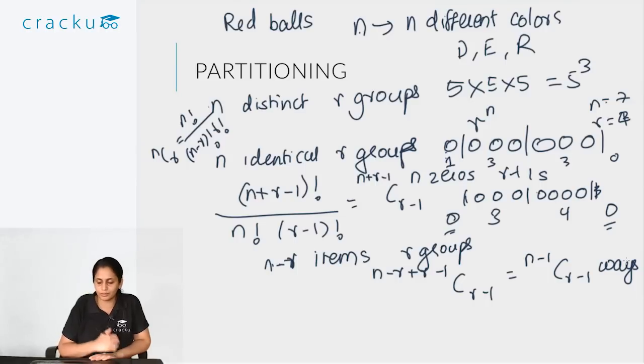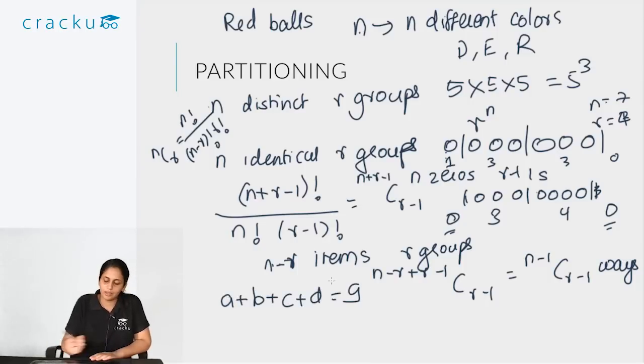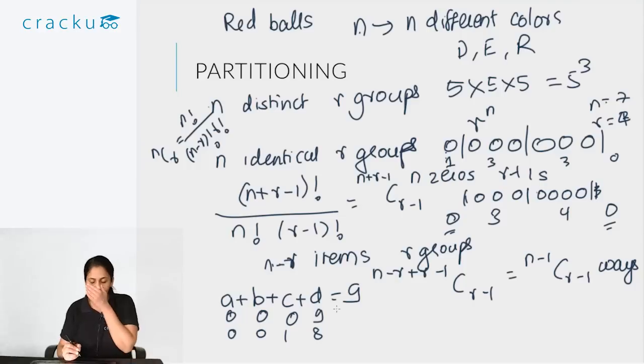The same fundamental can be used for the number of integral solutions. So suppose you have an equation like this, a plus b plus c plus d is equal to 9. Now how do I find the number of integral solutions for this? I can assume that a is 0, b is 0, c is 0 and d is 9. Or I can assume a is 0, b is 0, c is 1, d is 8, and that is one integral solution. But this is essentially the same as having n ones that I have to distribute across 4 groups.